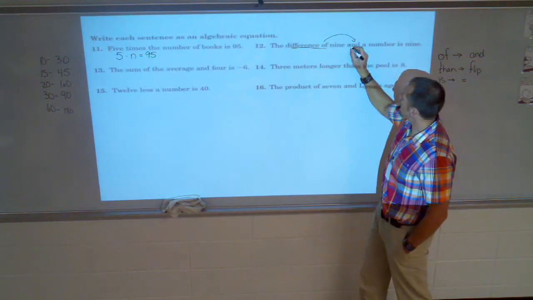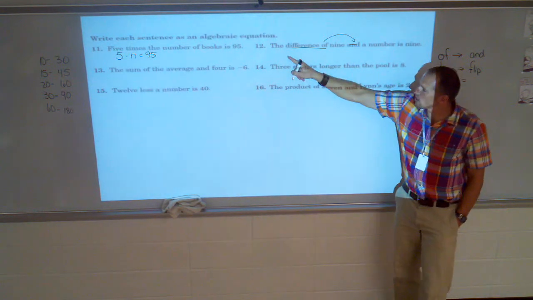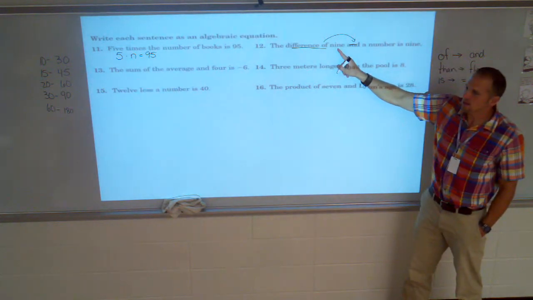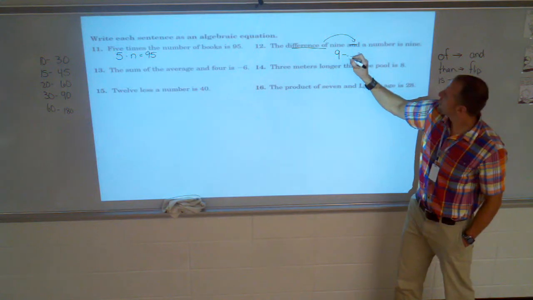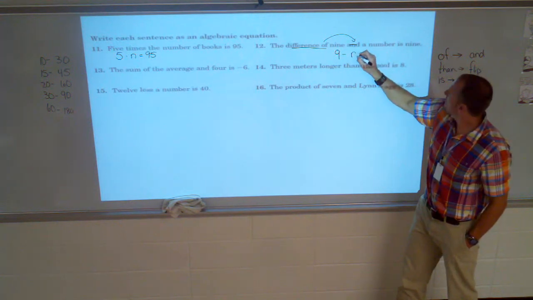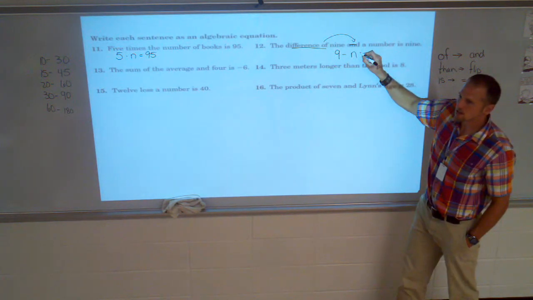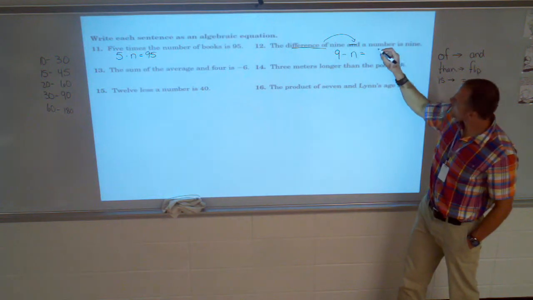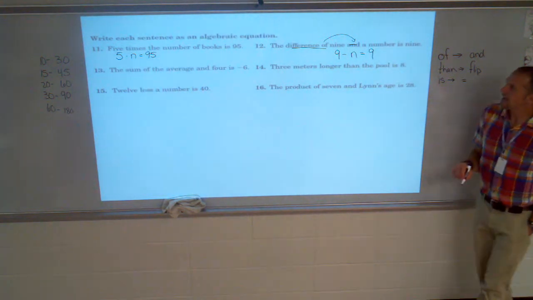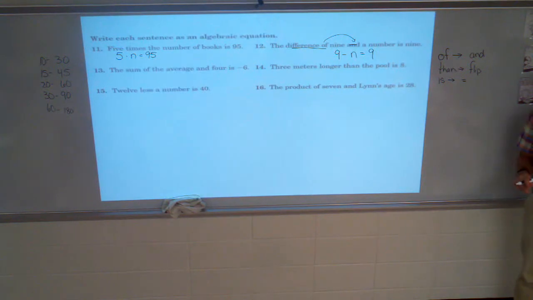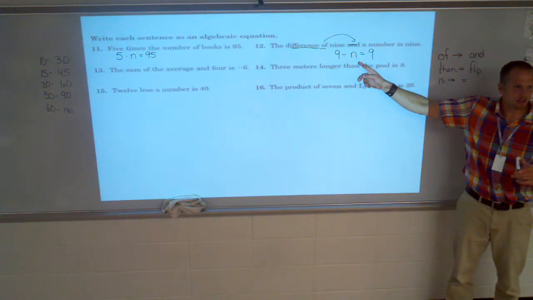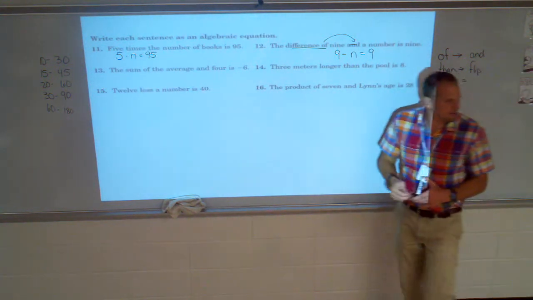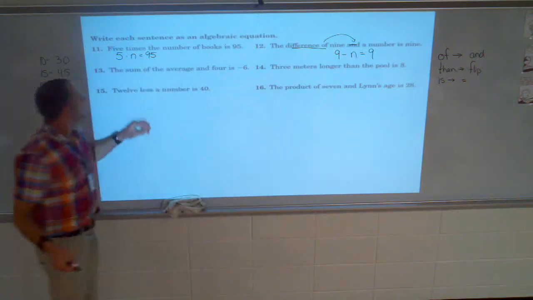Subtraction. Good. It's going to be on my and. Okay, so the difference of, I've got that. 9 and a number is 9. Perfect. 9 minus n equals 9. What's that number going to be? Colin? 0. Kind of like our additive identity property, right? Okay.